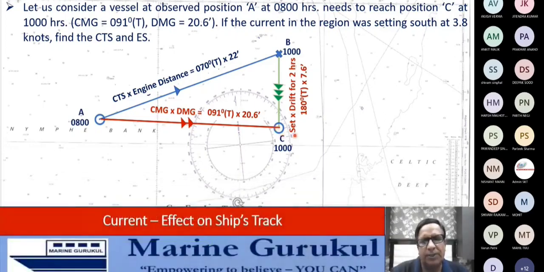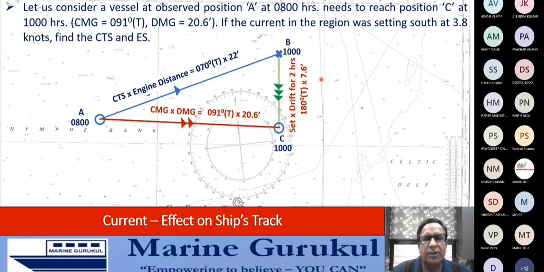So AC would represent the course that the vessel will have to make good and the distance that the vessel has to make good in 2 hours. Since A and C are the same points as in the previous discussion, therefore CMG that has to be done by the vessel is 091 degrees true and the DMG is 20.6 nautical miles.